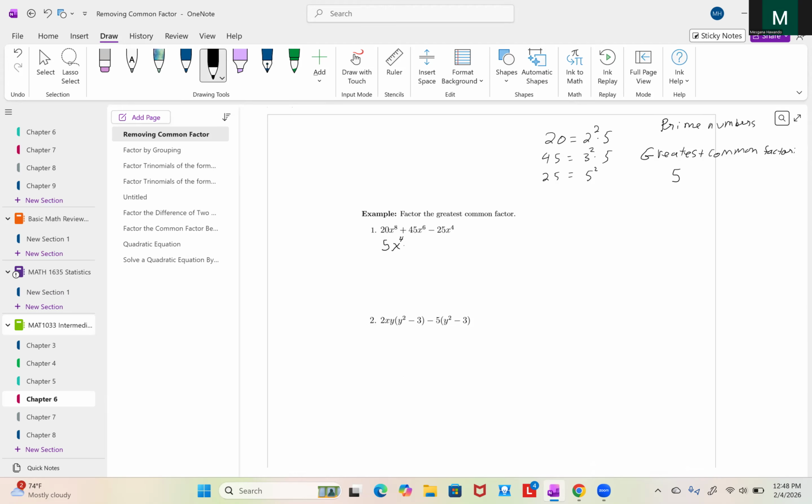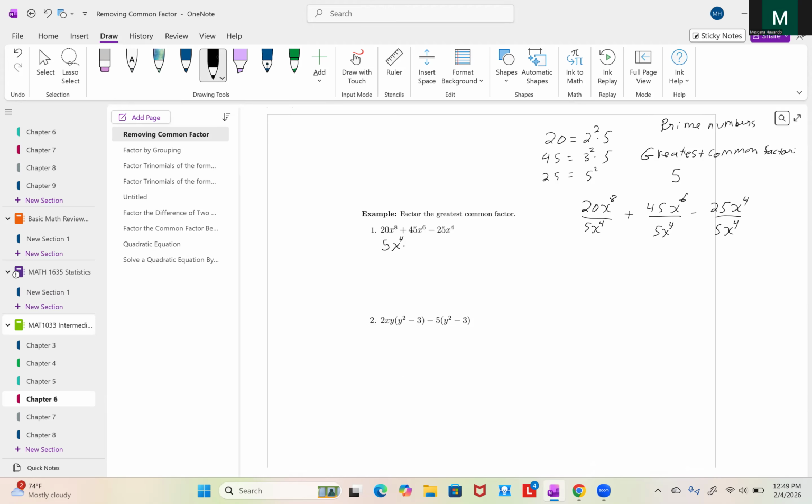But then what is the other polynomial that we need to multiply, so that the product of the other polynomial and this 5x to the 4th power gives us 20x to the 8 plus 45x to the 6 minus 25x squared? Well, we can divide each of the terms by the greatest common factor: 20x to the 8 over 5x to the 4th, plus 45x to the 6th over 5x to the 4th, minus 25x squared over 5x to the 4th.